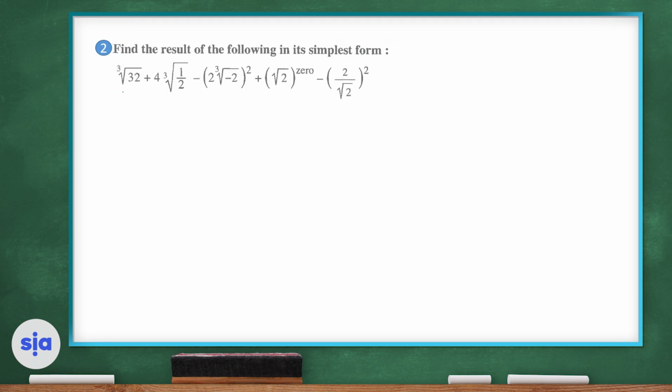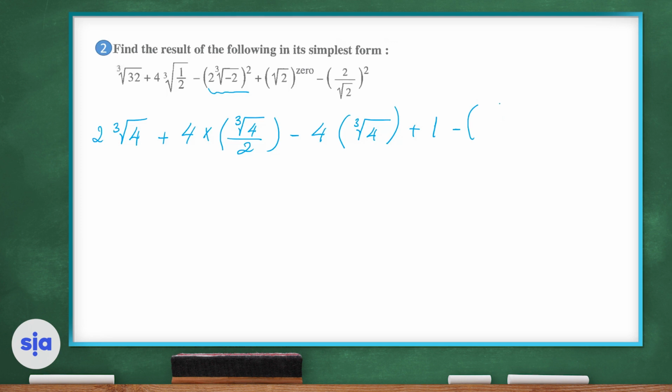Cubic root of 32, if you simplify it, it will be 2 cubic root of 4 plus 4 times cubic root of 4 over 2 minus, we're now doing this part, it's 4 times cubic root of 4 plus square root of 2 to the power of 0. Anything to the power of 0 is 1 minus the 2 over square root of 2 all squared is 4 over 2.